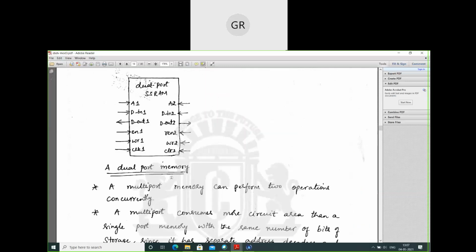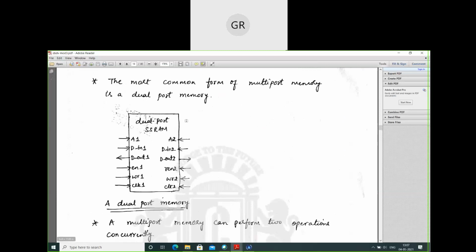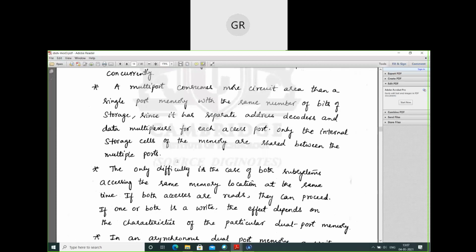For example, this is the block diagram of dual port SSRAM. In the dual port SSRAM, on this side one port will perform both read and write operations. Here, one port will perform only the read operation. I hope it's clear.